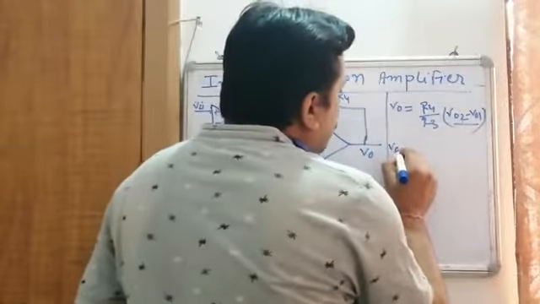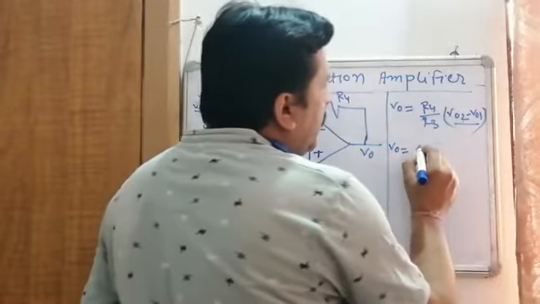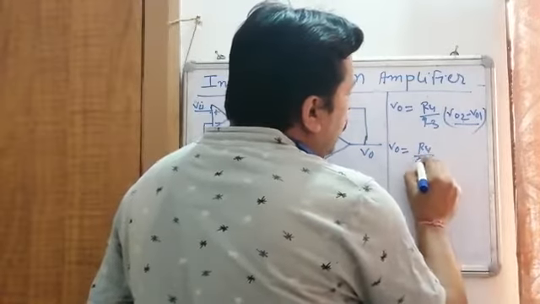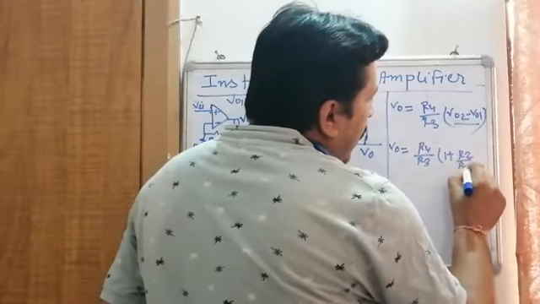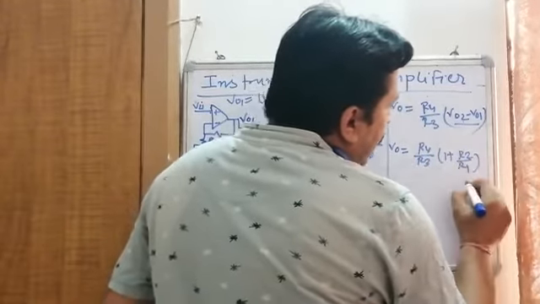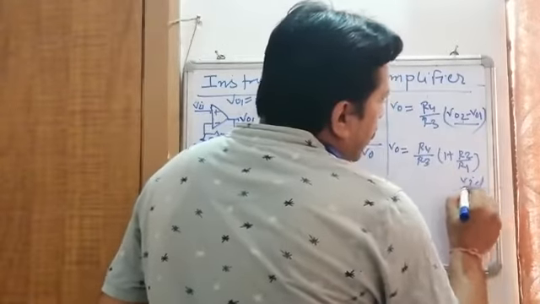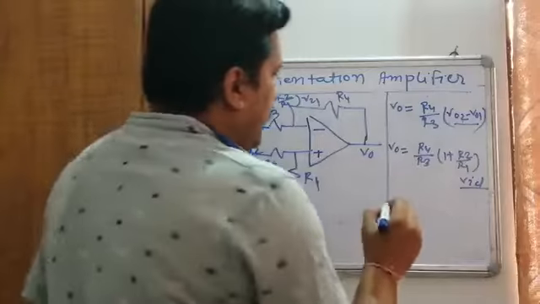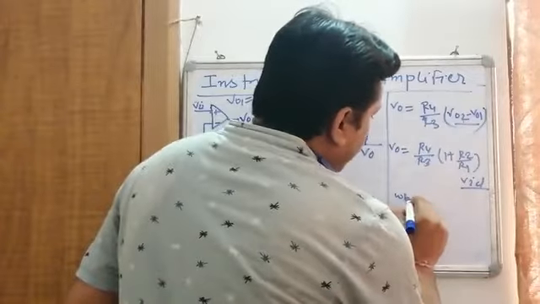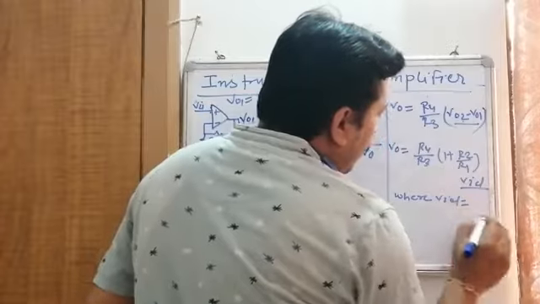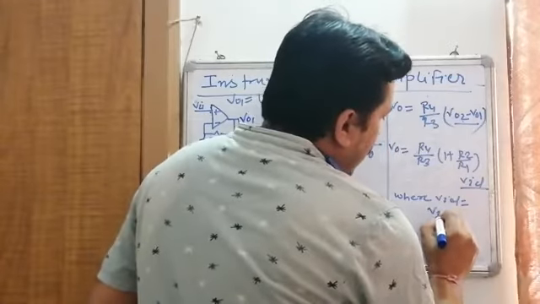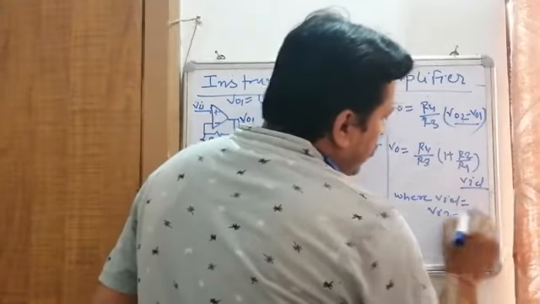So if I put in the values of V02 minus V01, we will get R4 by R3 times 1 plus R2 by R1 times VID, where VID is equal to VI2 minus VI1.